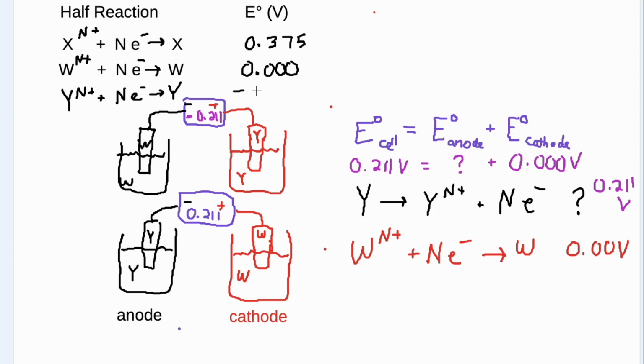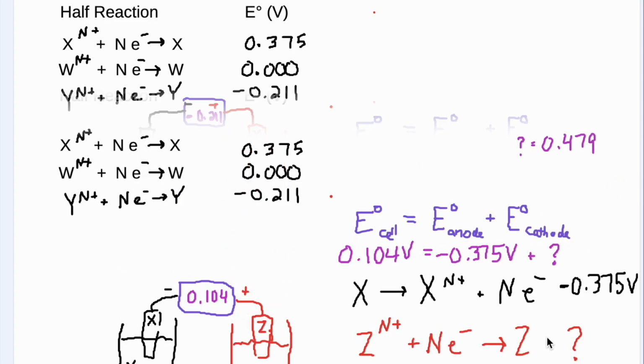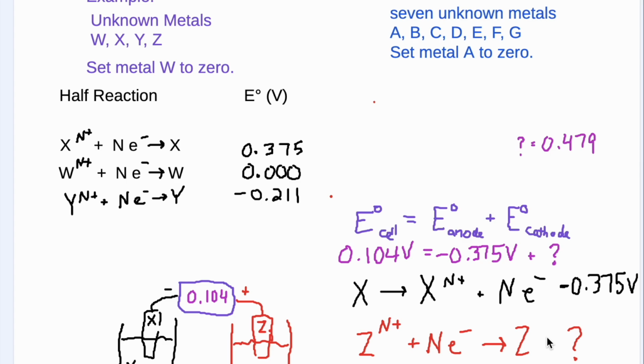So this is actually negative 0.211 volts, and that would put it below W on our table that we're making. And that makes sense because if something's lower down on the table, then it's less likely to do this reaction. It's going to do the reverse reaction, and that is what we see in our setup when we measure it in lab.